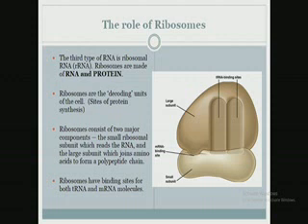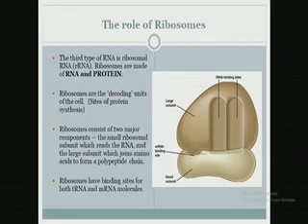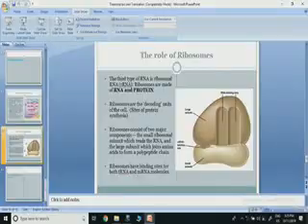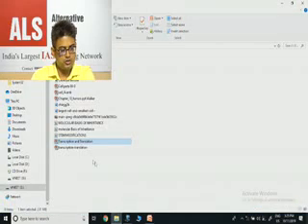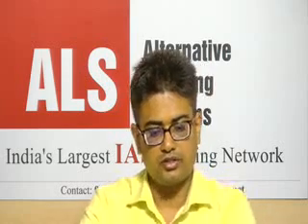Large subunit has two transfer RNA and amino acid binding sites, and they will help in reading the structure of the amino acid that has to be decoded. So, this structure will become clear when you study the class 12 syllabus, and in that I will give you the full details. So, you can just get a fair idea looking at this.